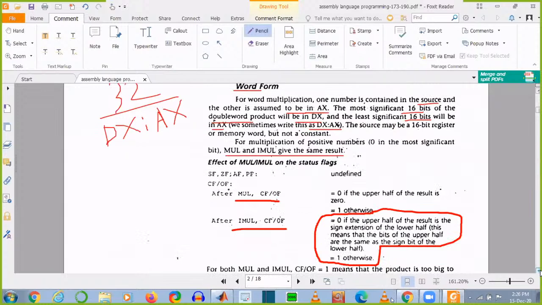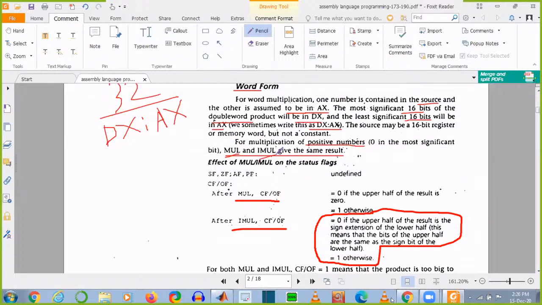For multiplication of a positive number, there is 0 in the most significant bit. What it says is, if you multiply positive numbers, I mean unsigned numbers, signed multiplication and unsigned multiplication will give the same result.